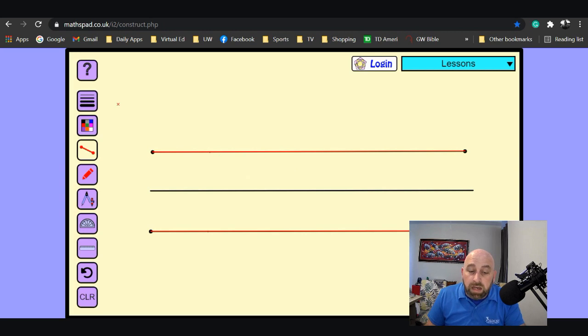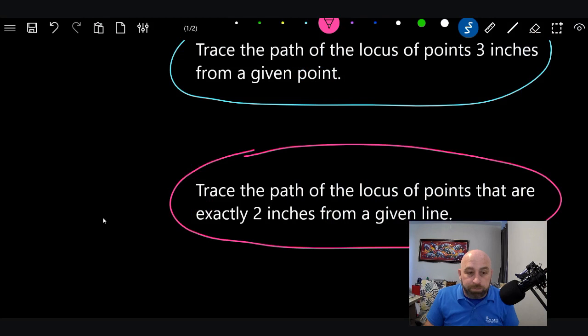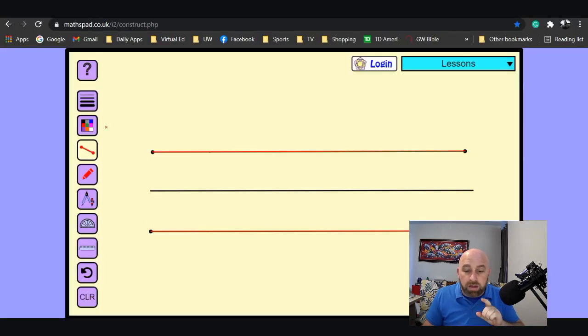And these red lines are exactly 2 inches. I traced them. They're exactly 2 inches from the original black line. Go back here. That's what it asked me to do: trace the path of the locus of points that are exactly 2 inches from the given line. So we had our given line, and then I traced 2 inches up and 2 inches down, and I traced it all the way across.